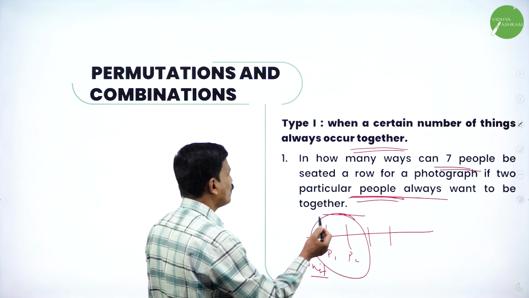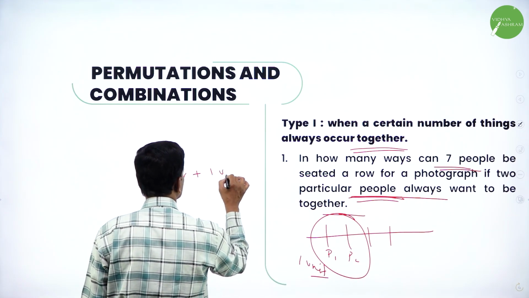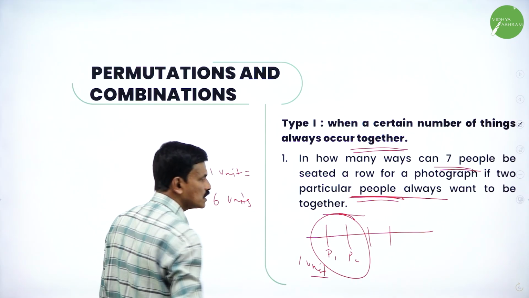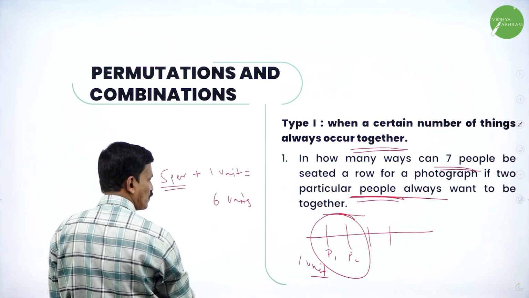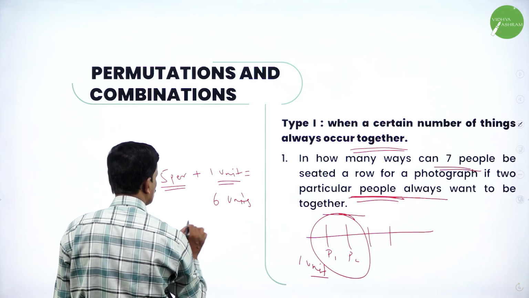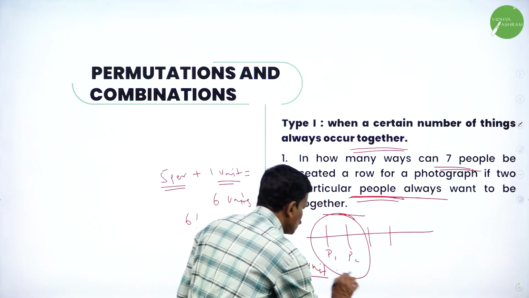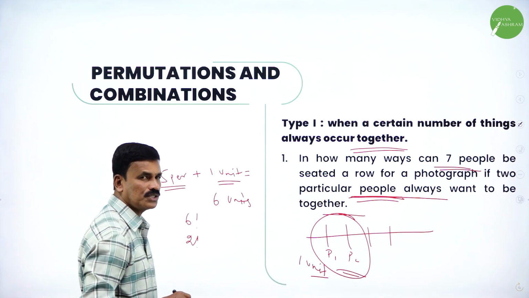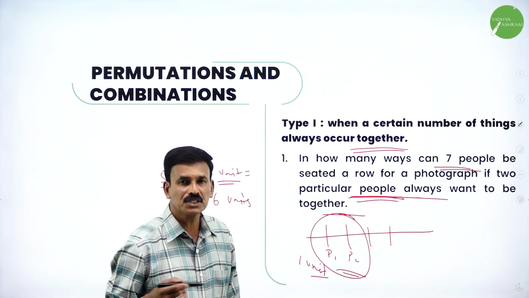The remaining 5 plus this 1 unit, so totally this is equal to 6 units, right? So that means the remaining 5 plus 1 unit is equal to 6 units. This can be arranged in 6 factorial ways. And these 2 together can be arranged in 2 factorial ways. So therefore, the total required permutation is nothing but the multiplication of these 2.